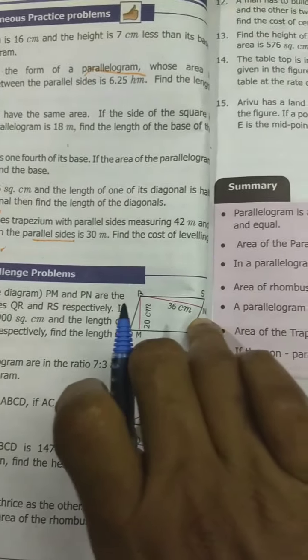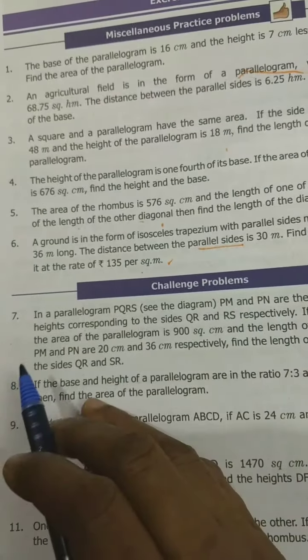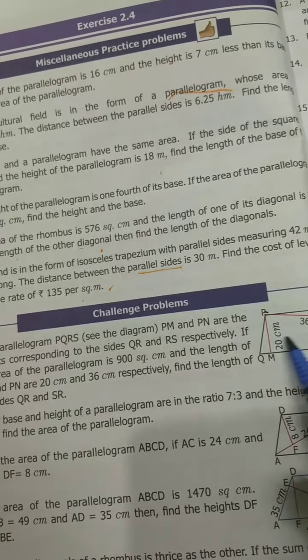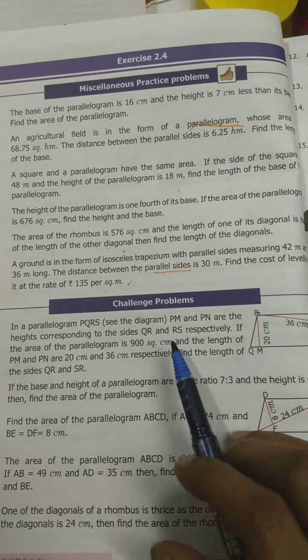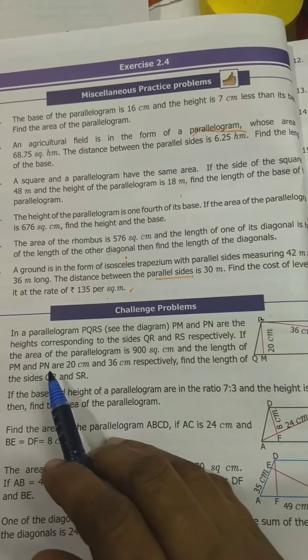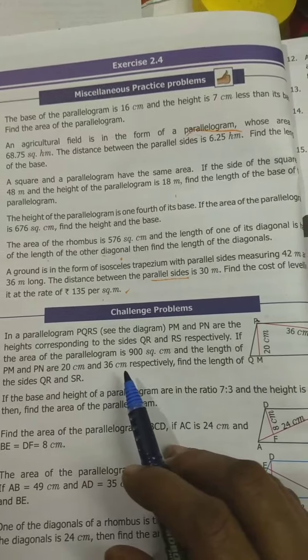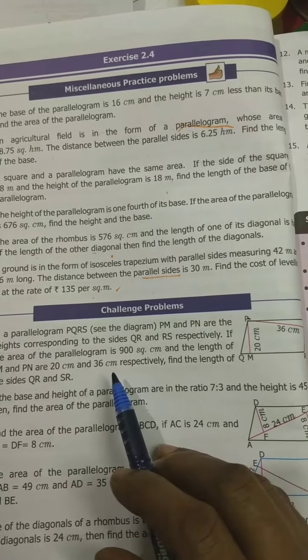That is M and N, respectively. If the full area of the parallelogram is 900 square centimeter and the length of PM and PN are 20 centimeter and 36 centimeter.